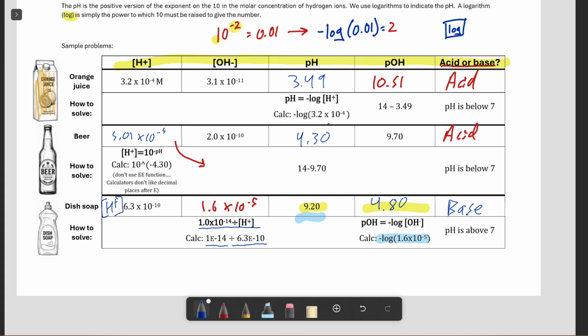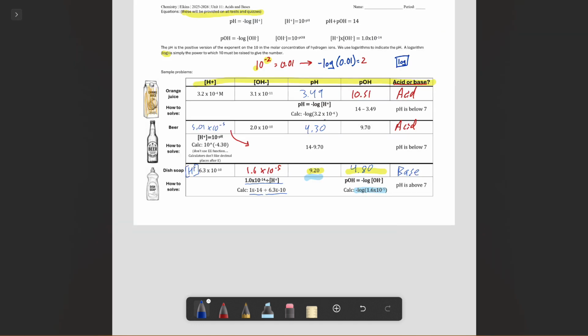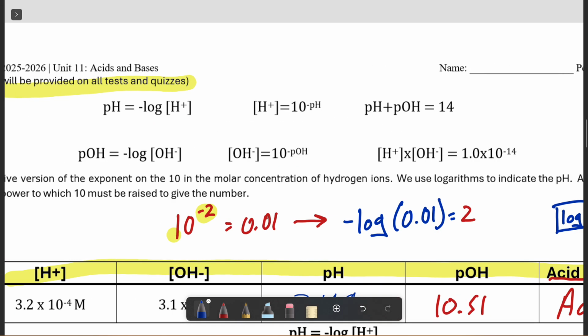All right. So that may have seemed a little bit complicated, but that is going to be okay because you're going to have these equations that you're going to work with.